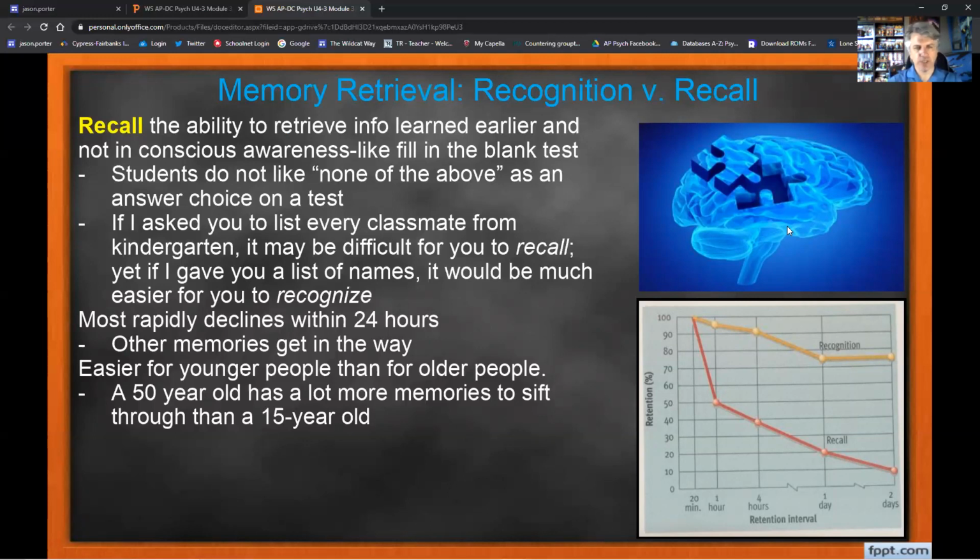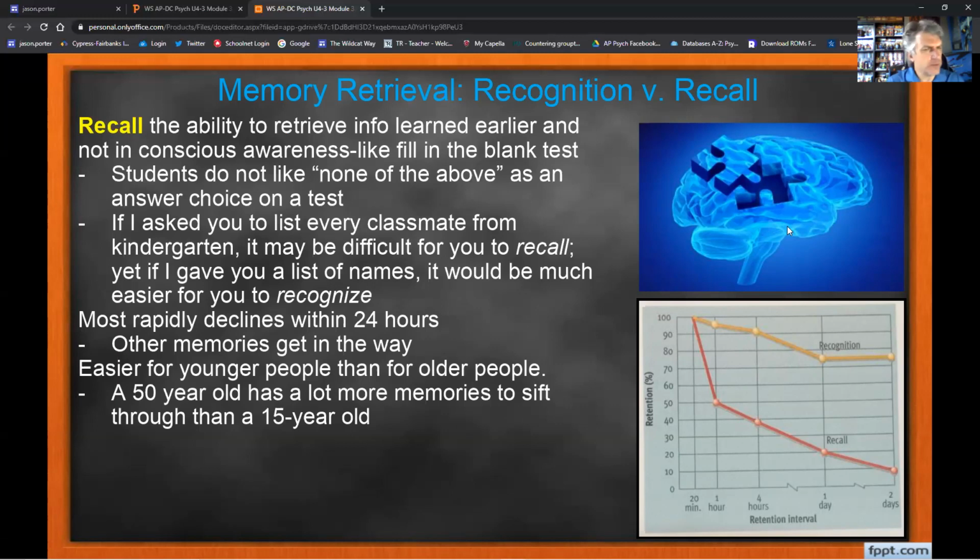A couple of different ways that we go and get memories that are placed into our long-term memory. One is recall. And recall is the ability to go all the way through your memory and try to find where you put whatever it was. This is why students do not like fill-in-the-blank tests, because with a fill-in-the-blank test, you have to go through all your memories.